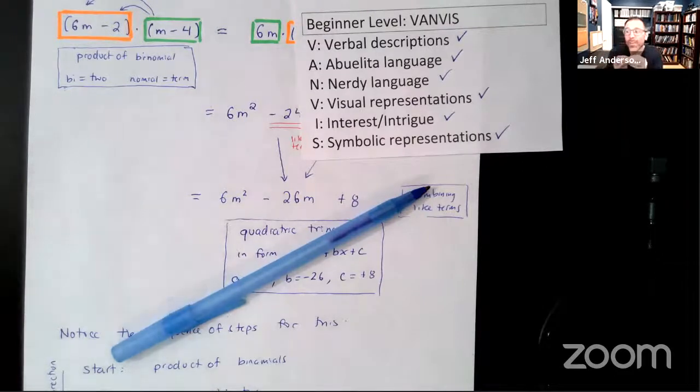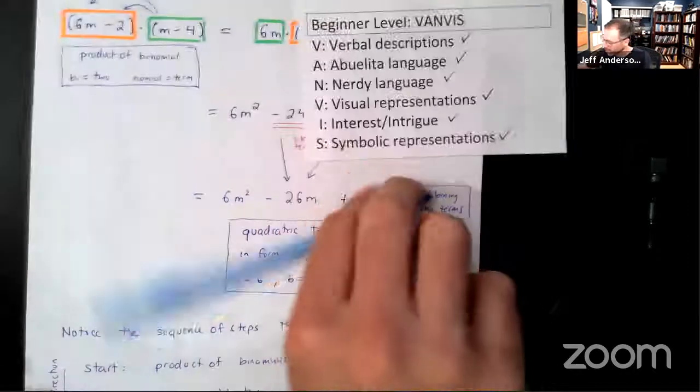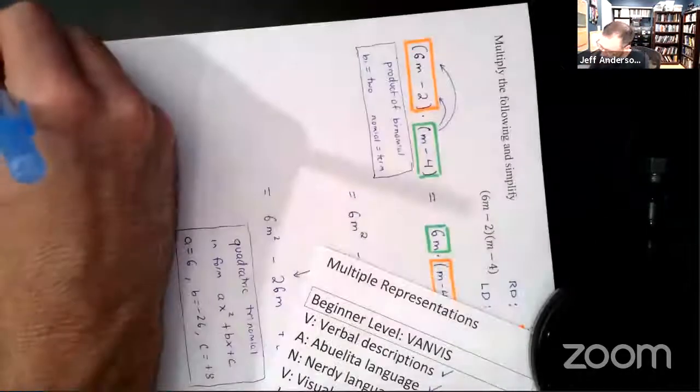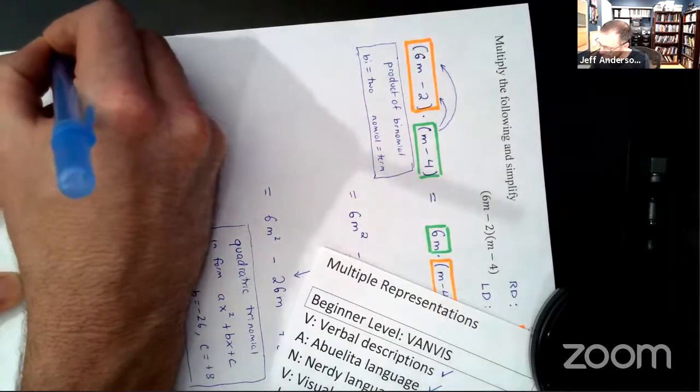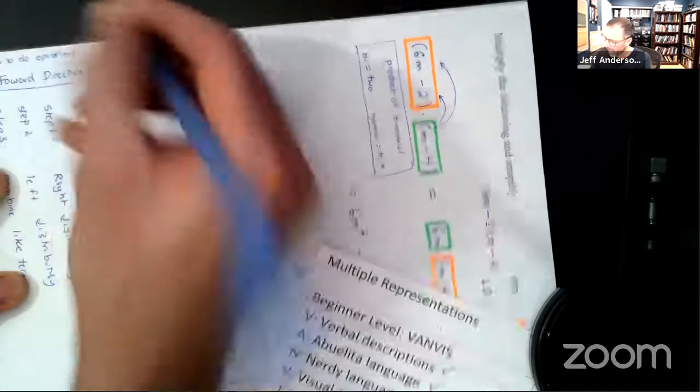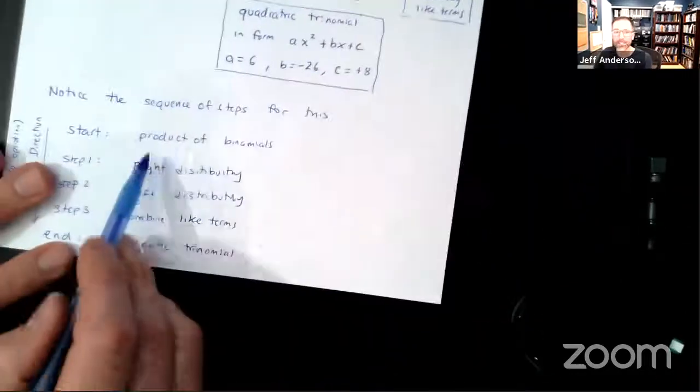So it's not only that we're thinking about how we do an operation, but also how do we undo an operation? How to do the operation. And in this operation, we call that the product of binomials.